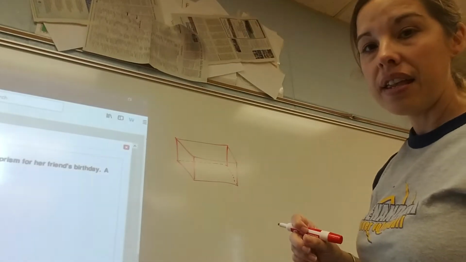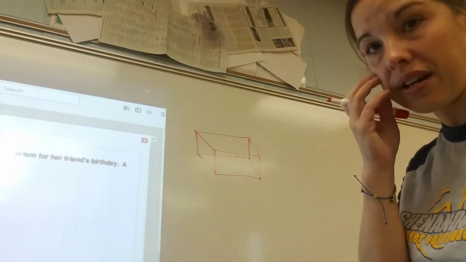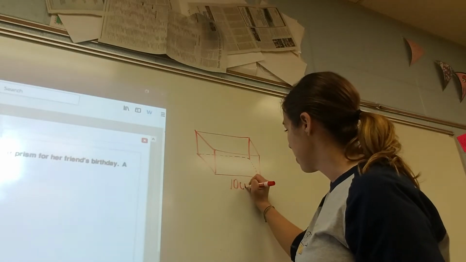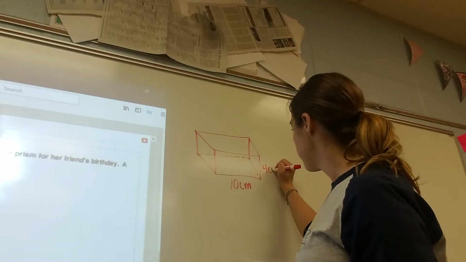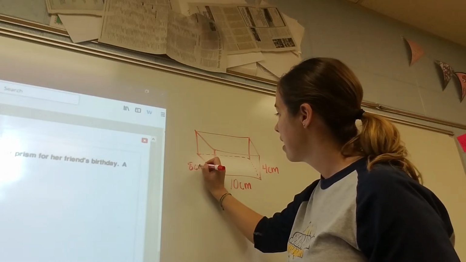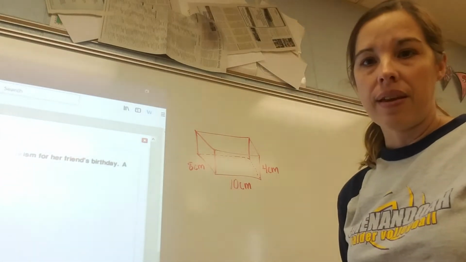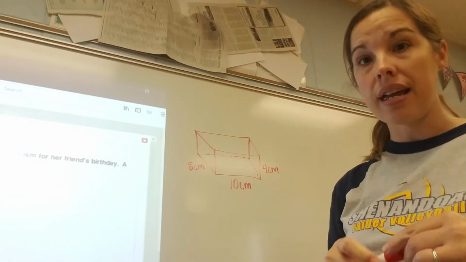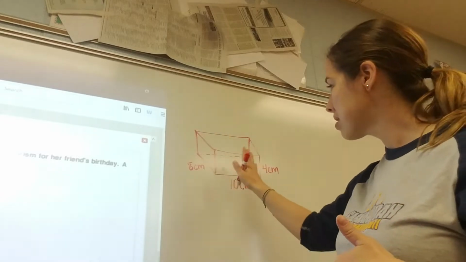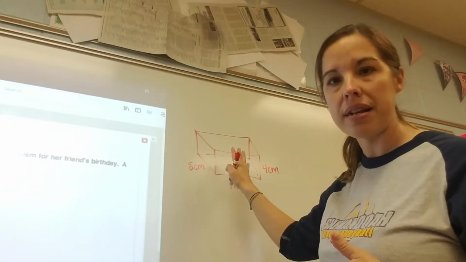So we're going to find the surface area of our Chick-fil-A box. I say this is 10 centimeters, this is 4 centimeters, and the depth here is 8 centimeters. We're going to do this by visualizing the net, but we're also going to color code this, so that will help us.